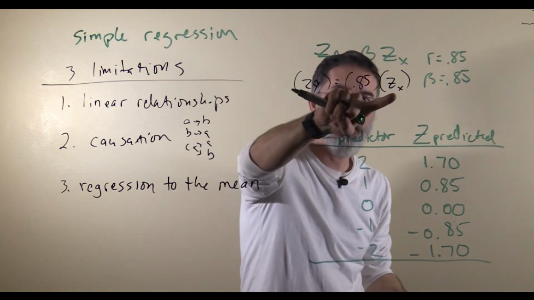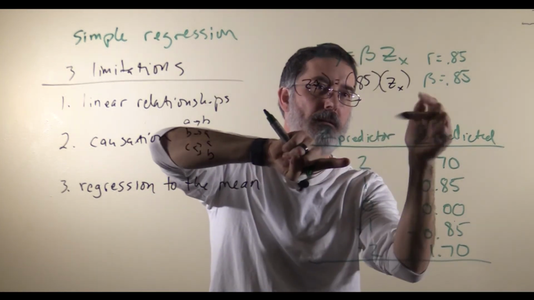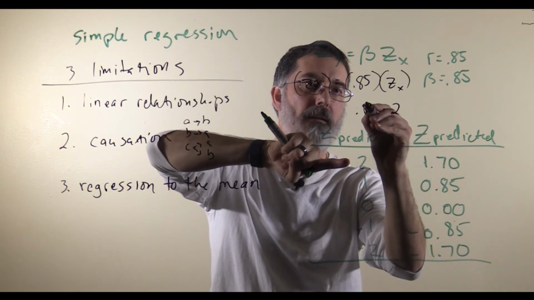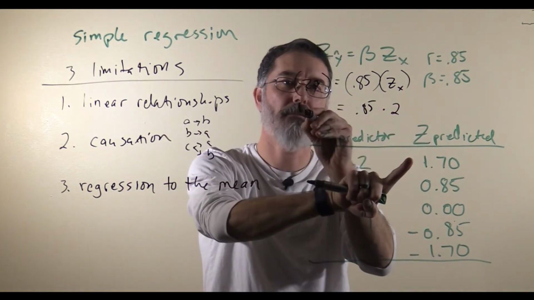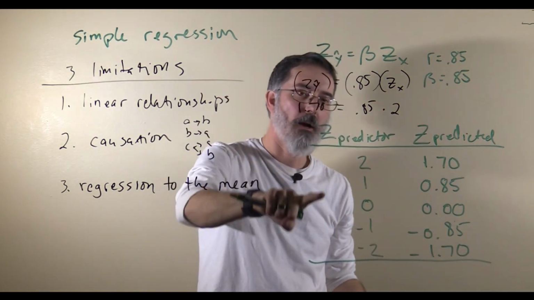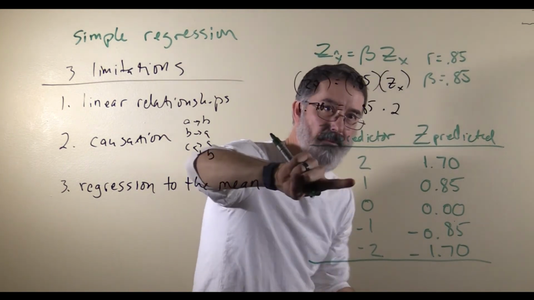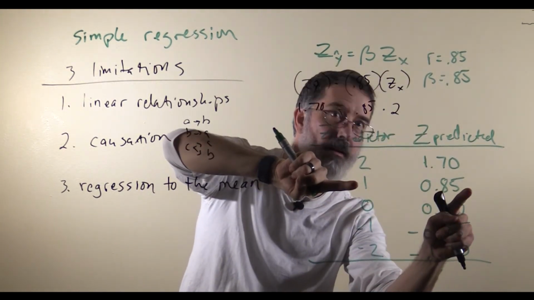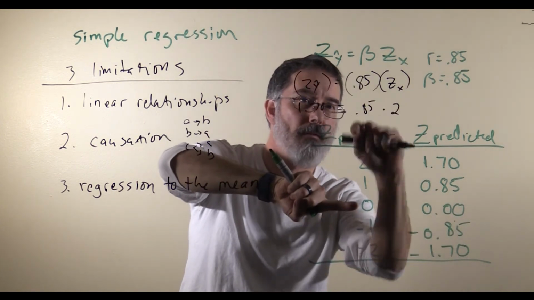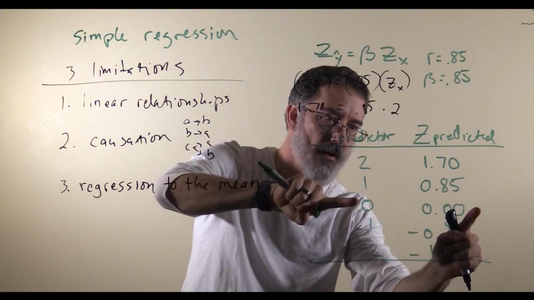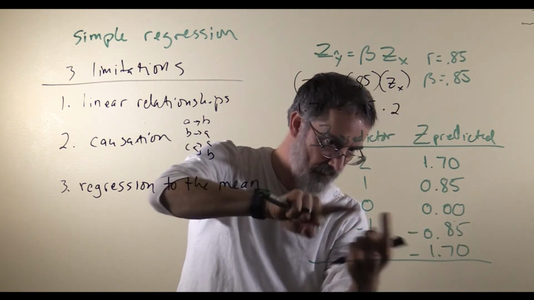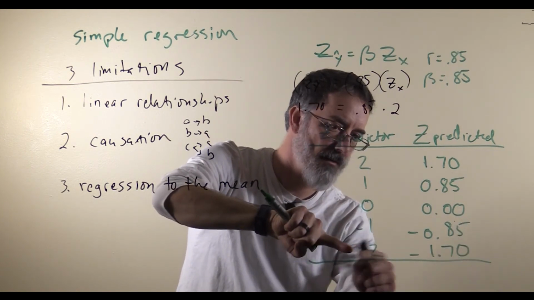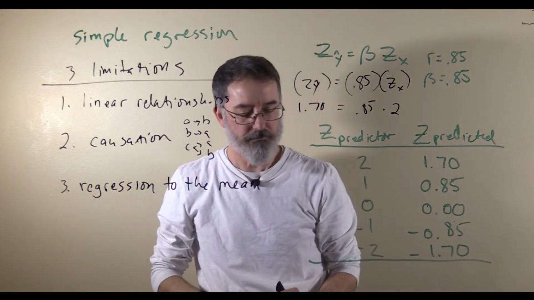So if we put a 2 in here, 2 times 0.85 is 1.7. If you put a 1 in here, then you get 0.85. Put a 0, you get a 0 for the predicted y value. And if you put a -1 in, you get -0.85, and -2 gives you -1.7.